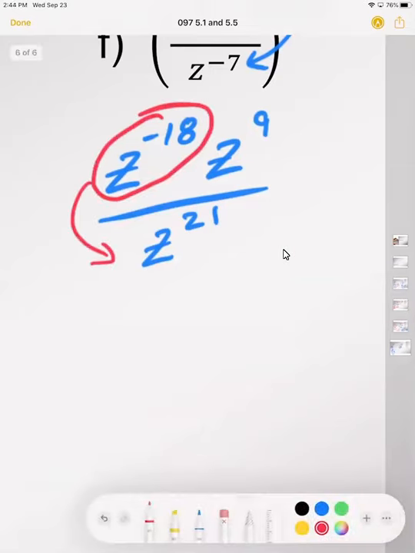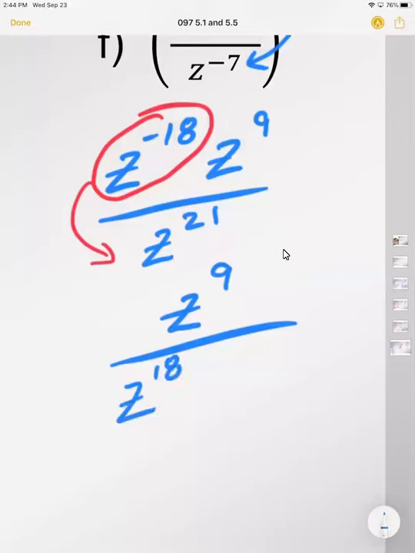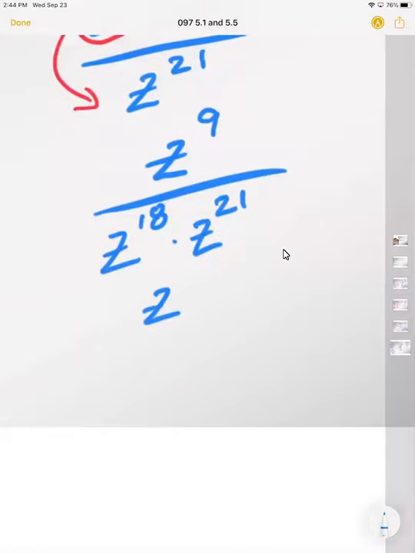I move it to the denominator. And if I move it to the denominator, this is what I have: z to the positive 18 times z to the 21. And once we have this item, do you agree that I have z to the 9 all over z to the 39?